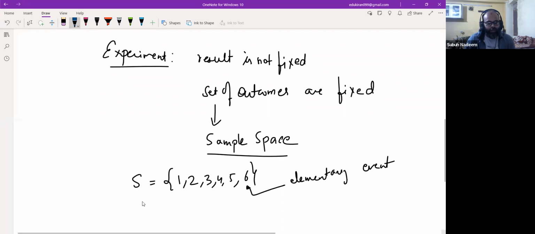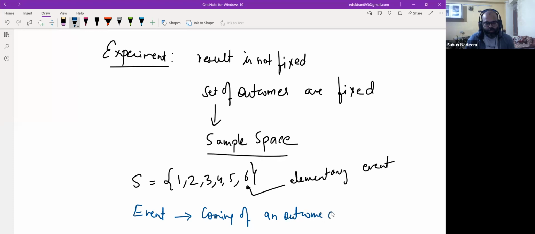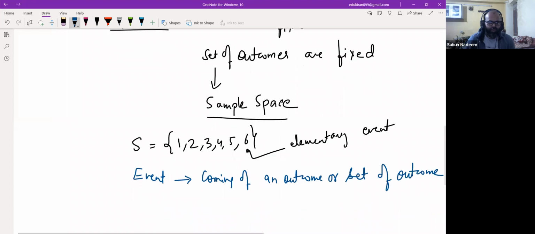We got the elementary event. Now we have the event. An event is the coming of an outcome or a set of outcomes. So for example, if we throw a dice and we say that E is the event of coming prime numbers, so we have 2, 3, 5.